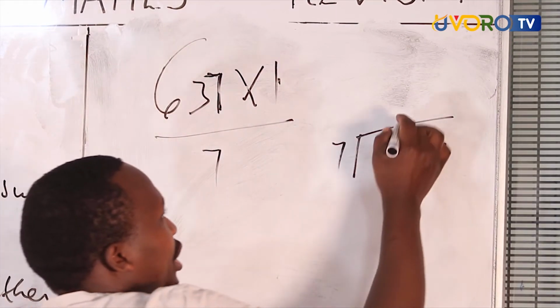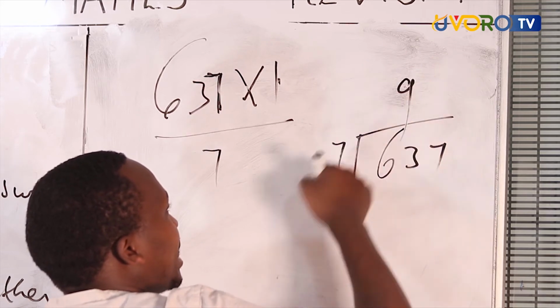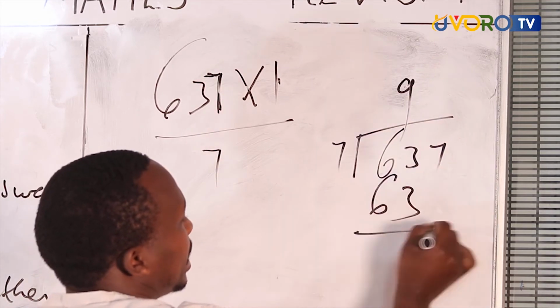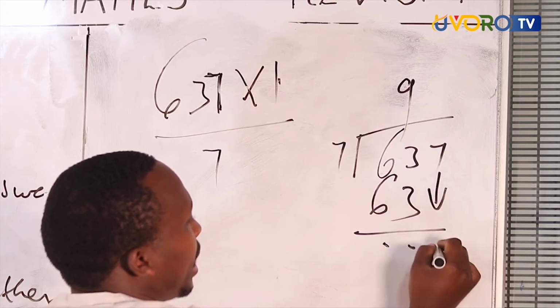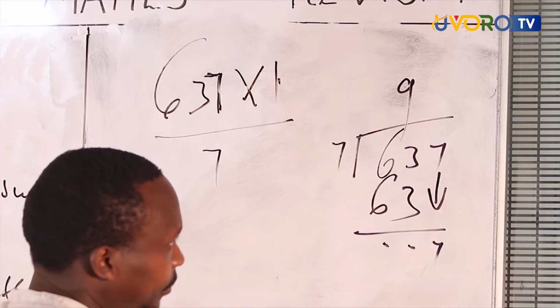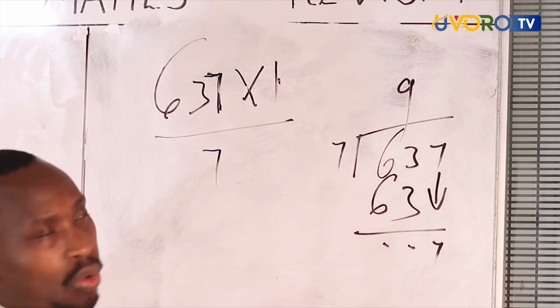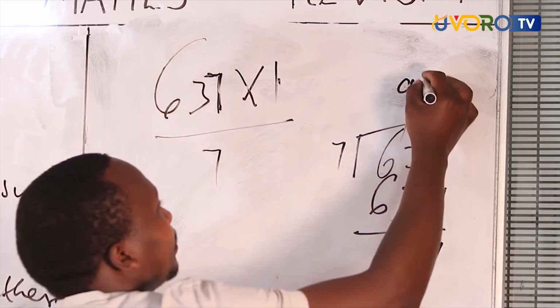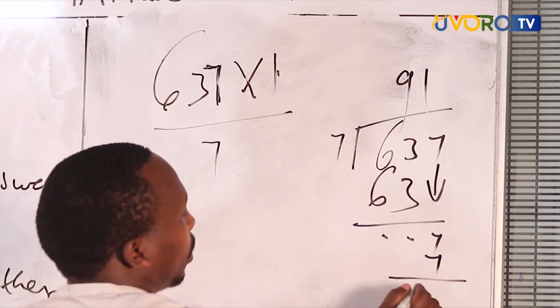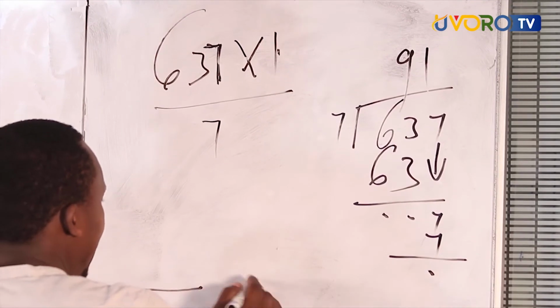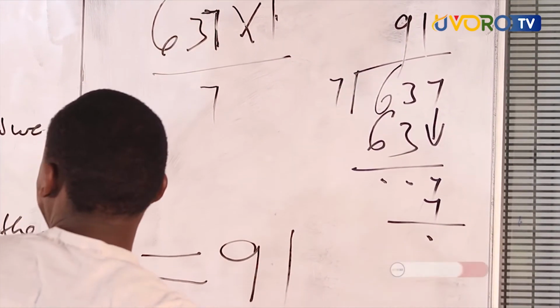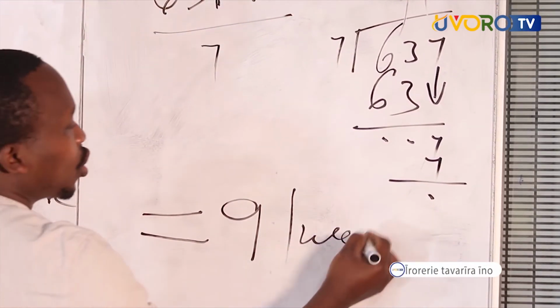Very good. That is 7 times 9, 63. You drop this 7. 7 times what equals 7? 1. So it is 91. 91 weeks.